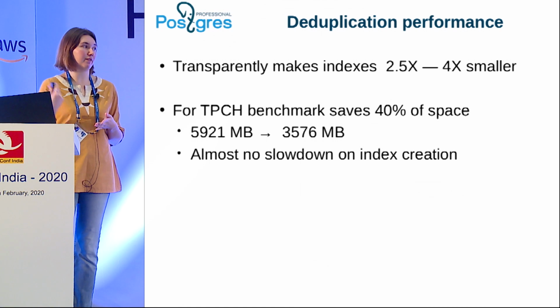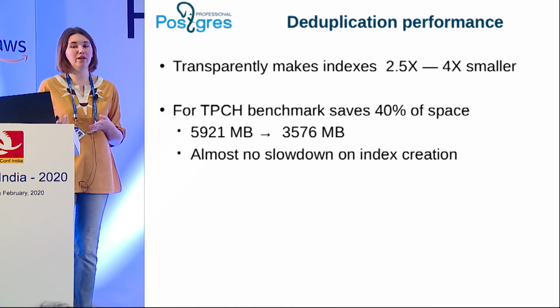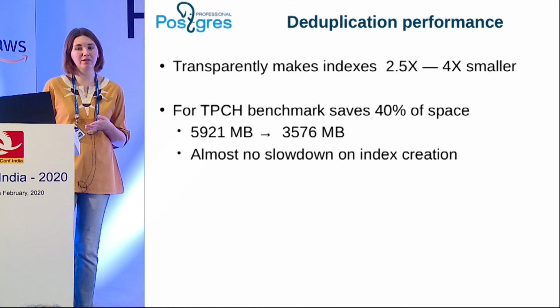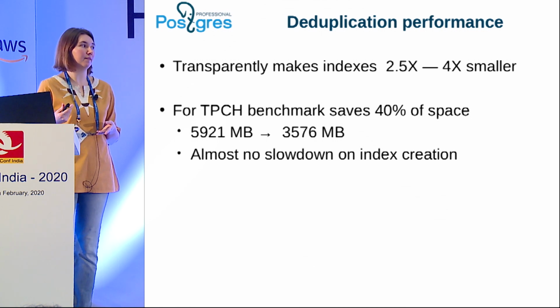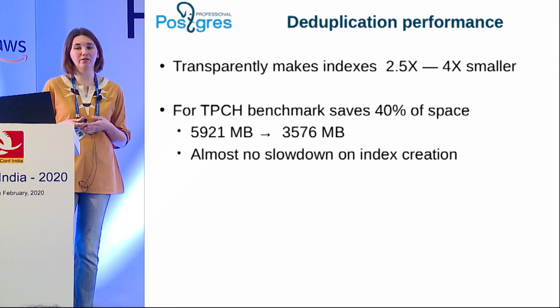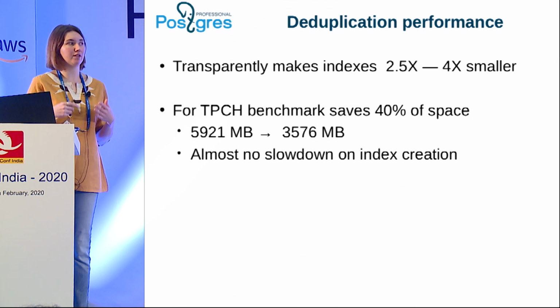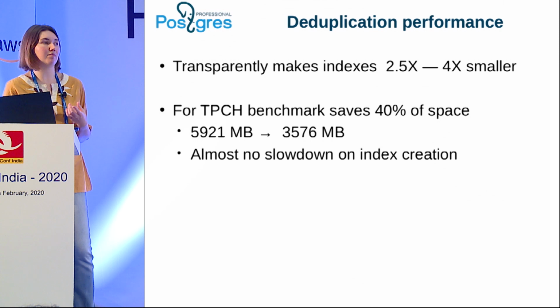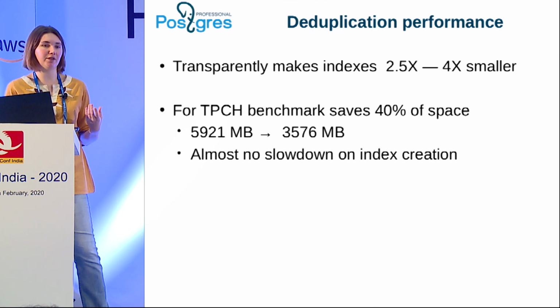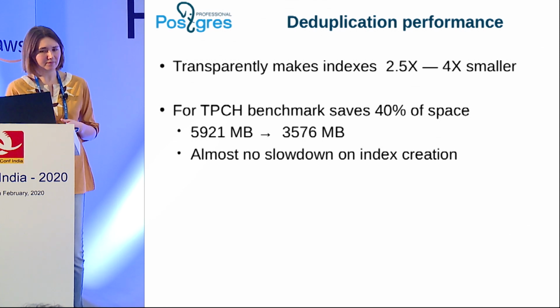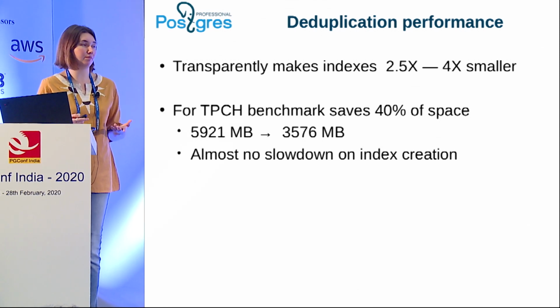We moved from almost 6 gigabytes of indexes to 3.5 gigabytes. Also, I didn't see any significant slowdown on index creation. There is obviously some overhead because we have to compare values to understand whether they are duplicates or not. But this overhead seems to be eliminated because now we have smaller indexes, and it doesn't slow down creation or insertion.